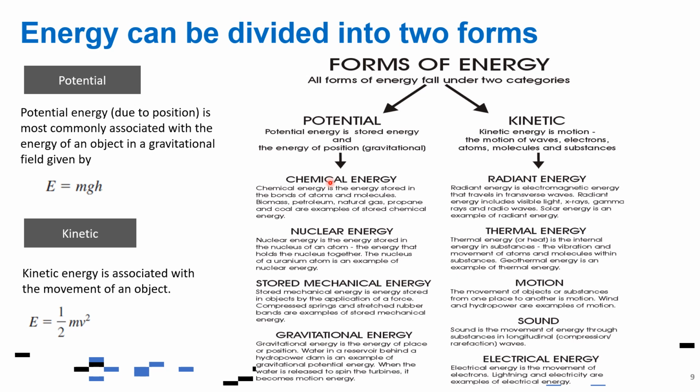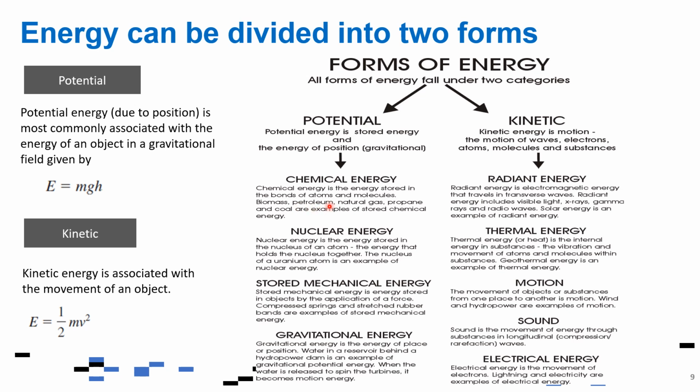This is the energy stored in the bonds of atoms and molecules. So this is the energy stored in a substance, basically. Biomass has chemical energy. Biomass could be wood. We can burn the wood, so the energy is released upon burning.